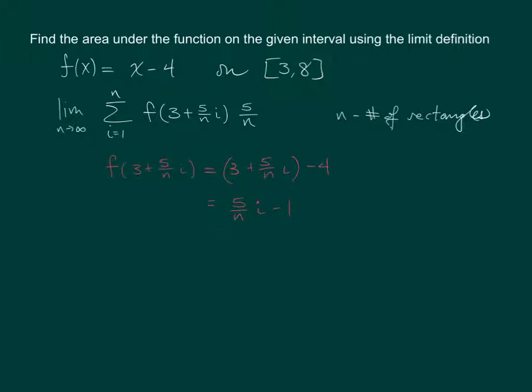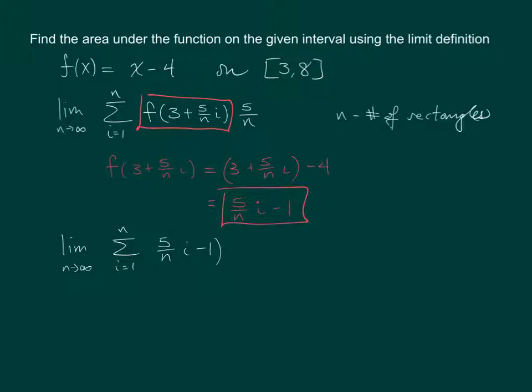So this value here is f of 3 plus 5 over n i. So this will get replaced by this. So now we have a limit as n goes to infinity of the sum as i goes from 1 to n of 5 over n i minus 1 times 5 over n.